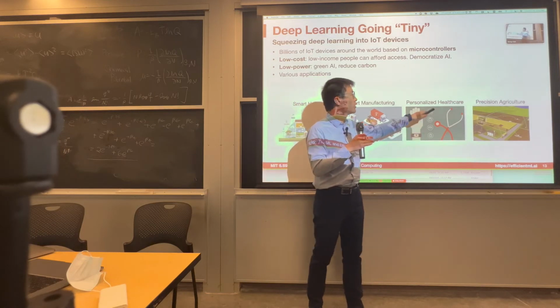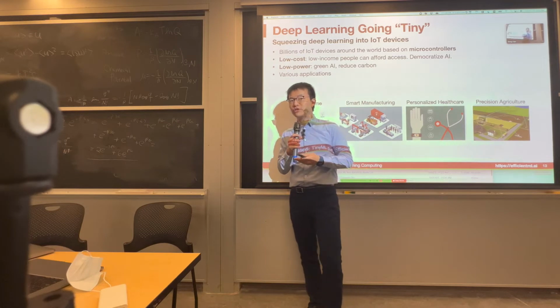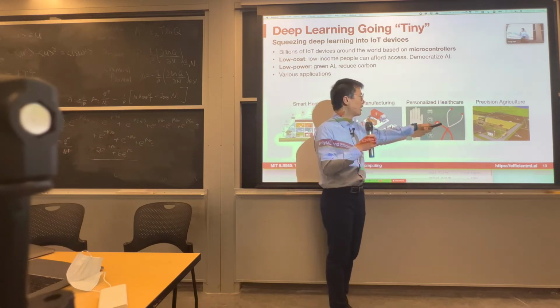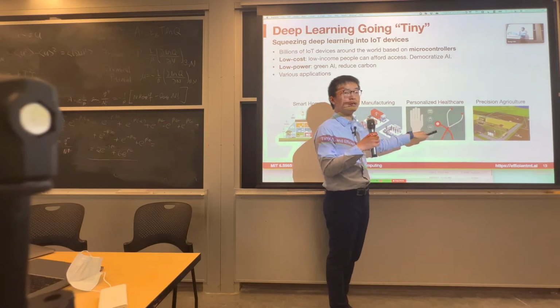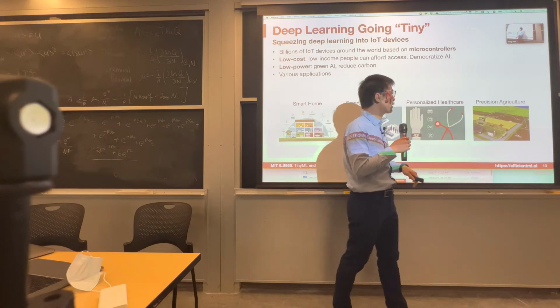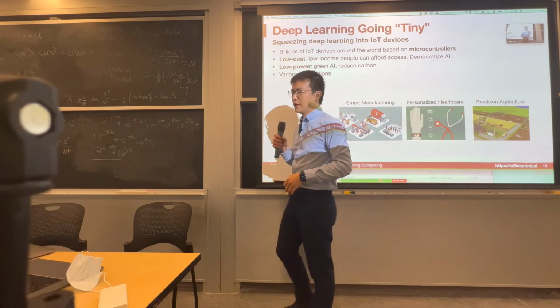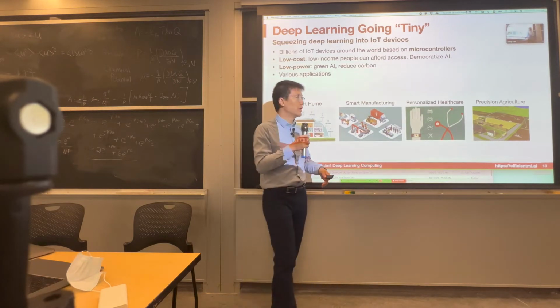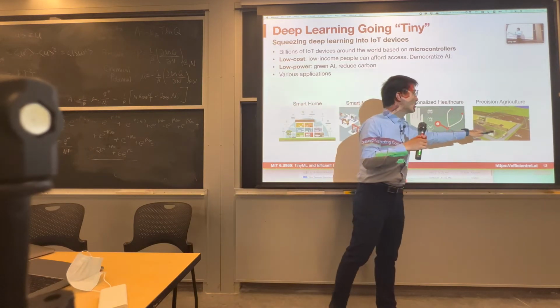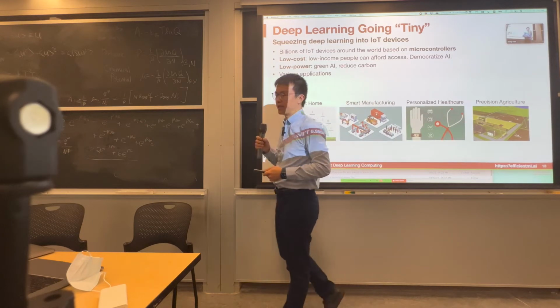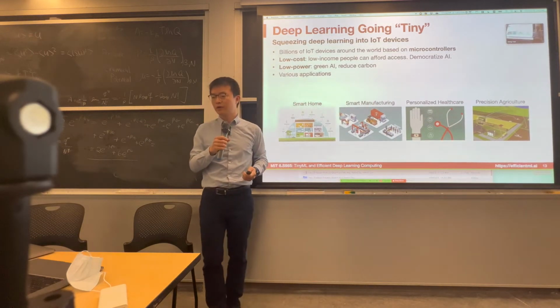And can tailor to everyone's individual body conditions, medical history, right? So that's personalized healthcare and wearables. And also precision agriculture, when to water the crop, and also classifying different crops, right? So a lot of applications as well.